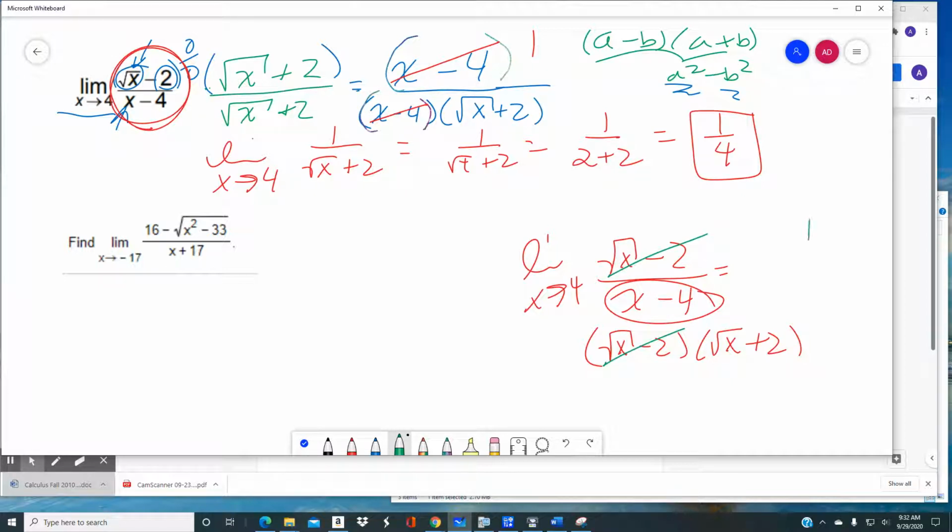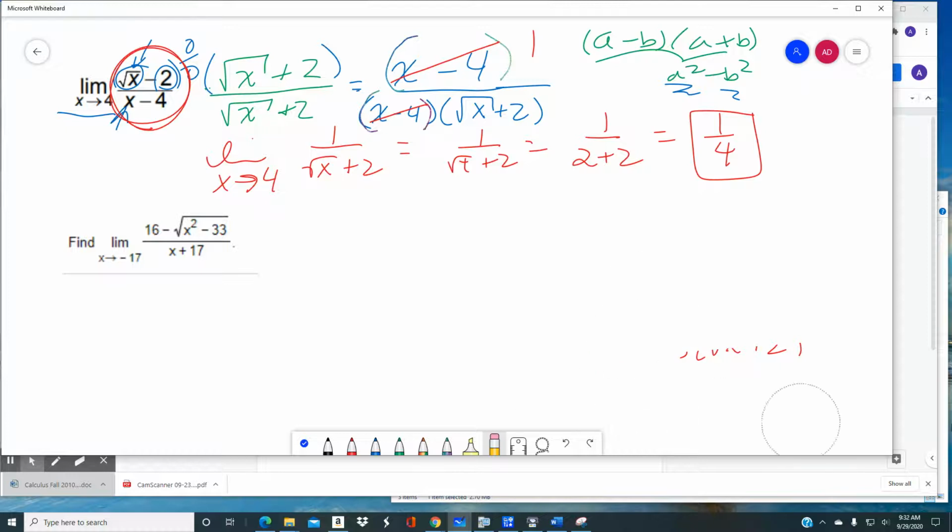Those would cancel, leaving 1 over the square root of x plus 2 with that limit as x goes to 4, and you're going to get the same answer. But since this video is supposed to be about rationalizing, I didn't want to show you that one. Okay, let me erase this over here.